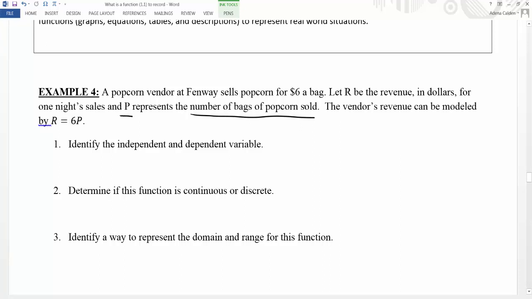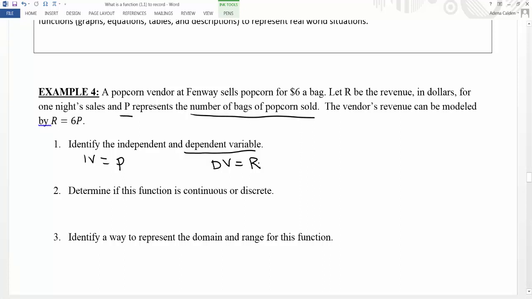But that's the variable where we're going to be plugging in our inputs. So my independent variable, which I'll write as IV, is P. And my dependent variable is going to be revenue, or R, because my revenue depends on the number of bags that I sell, P.